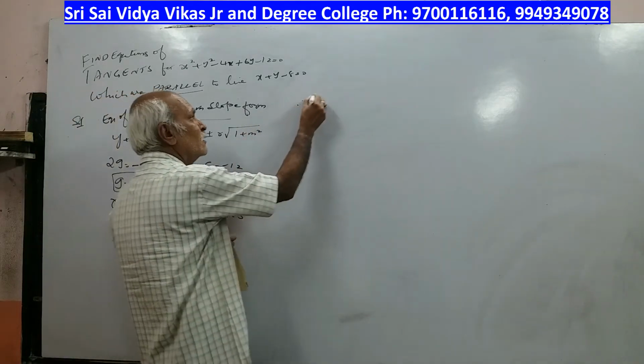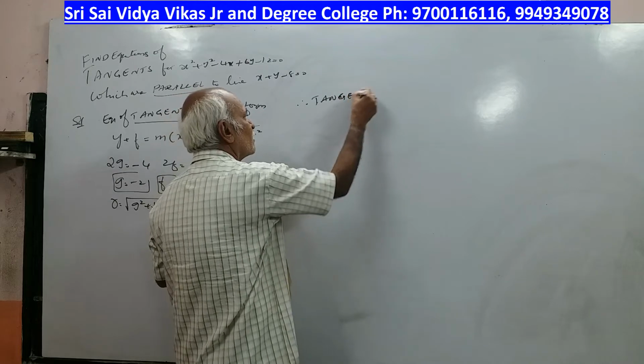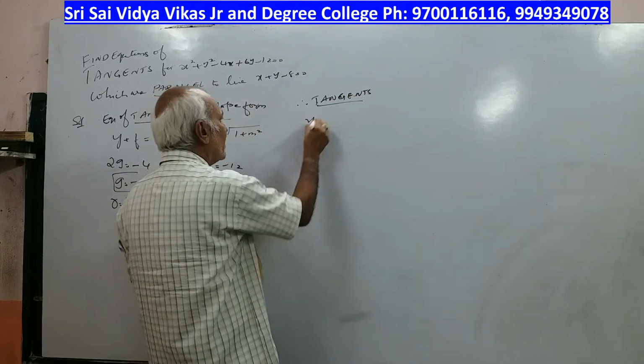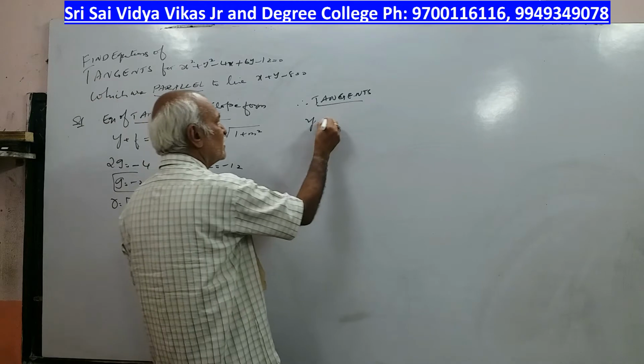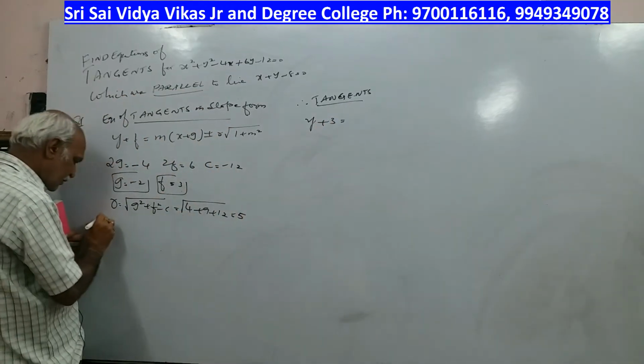Therefore, the tangent is y plus f, f is 3, is equal to m into x plus g plus or minus r root of 1 plus m square. We have to find the m value.